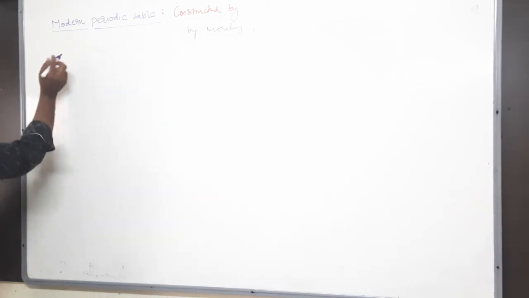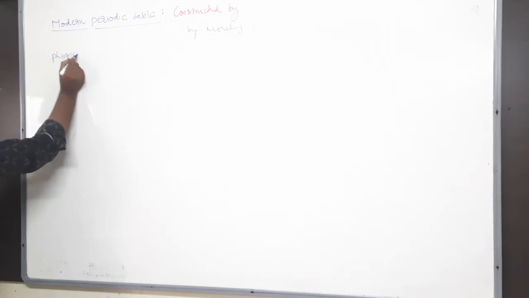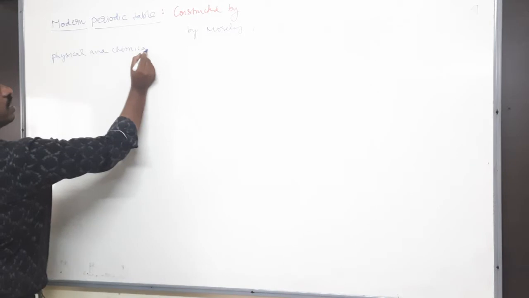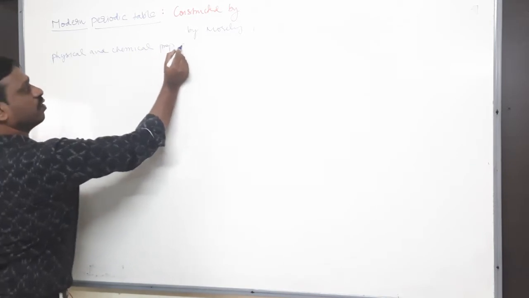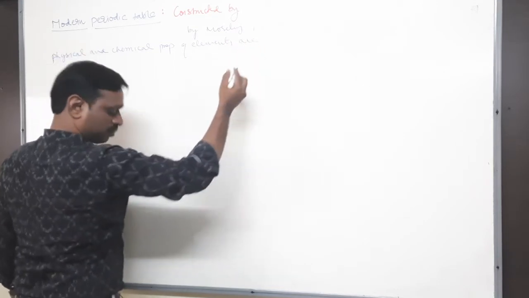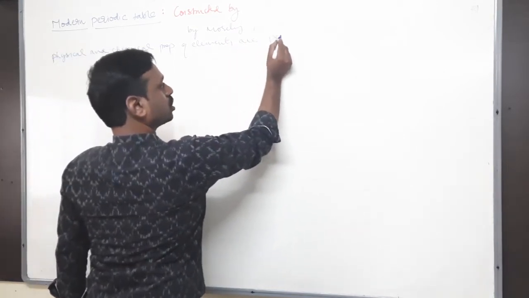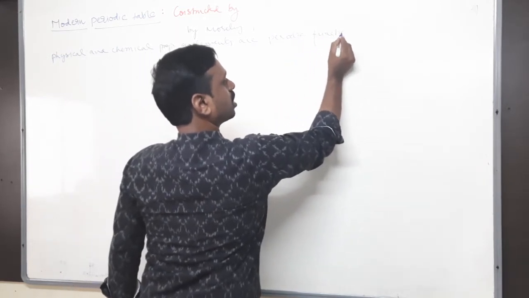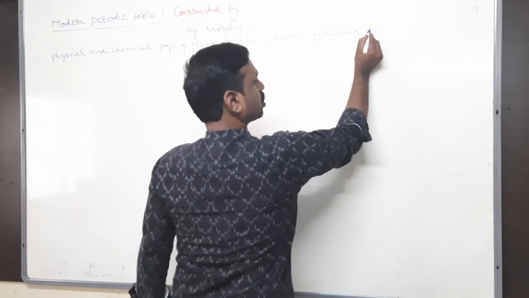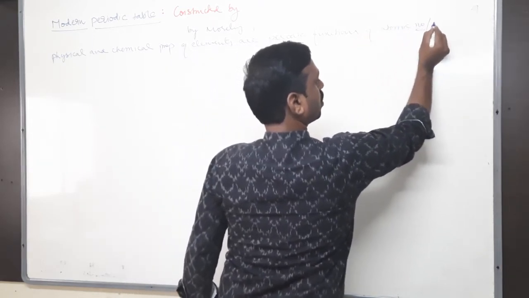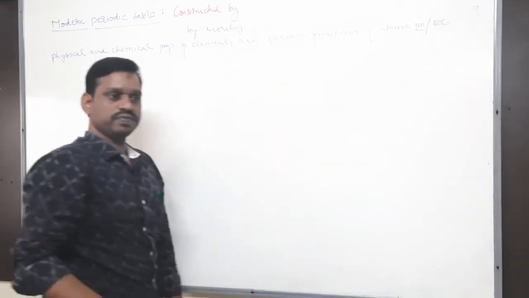So the physical and chemical properties of elements are periodic functions of atomic number or electronic configuration.